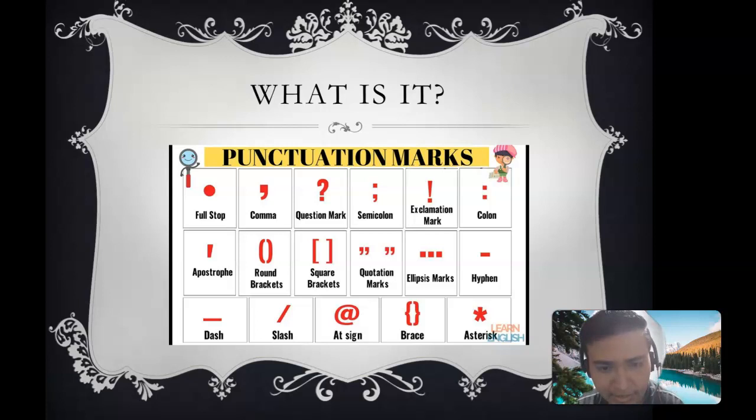The standard English punctuation is as follows, as you can see in the picture: period, comma, apostrophe, question mark, exclamation mark, brackets, braces, parentheses, dash, hyphen, ellipsis, colon, and semicolon. And we have other examples as well.